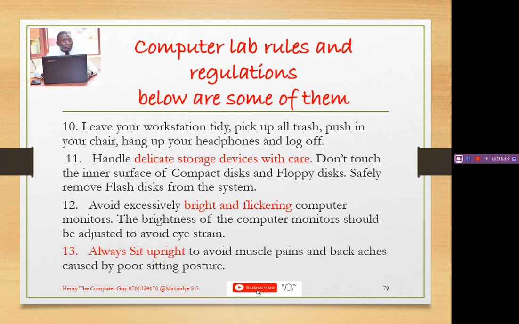Always sit upright to avoid muscle pains and back aches caused by poor sitting posture. That means that you have to have what we call an ergonomically set workstation. For example, the chair must be adjustable. The monitor has to be adjustable, tilted to the level that you actually need.